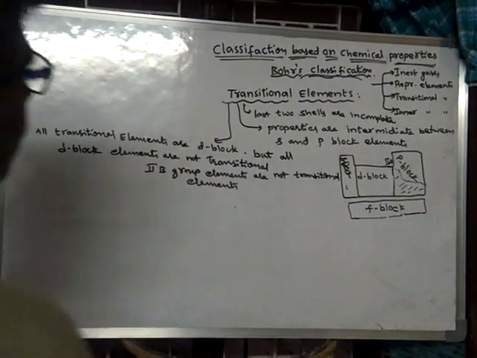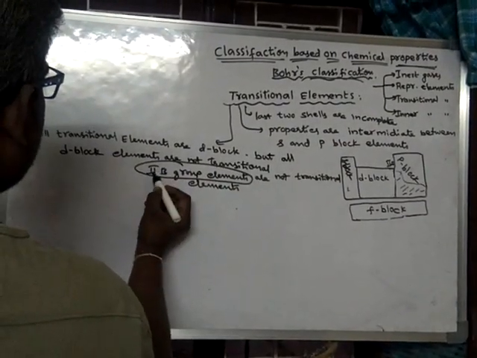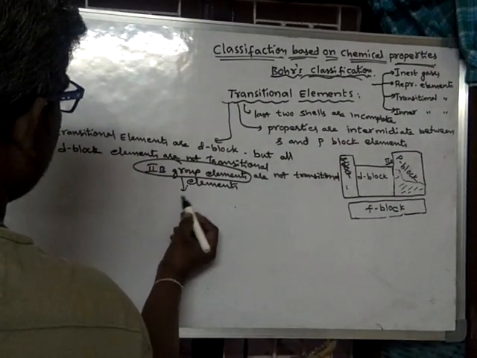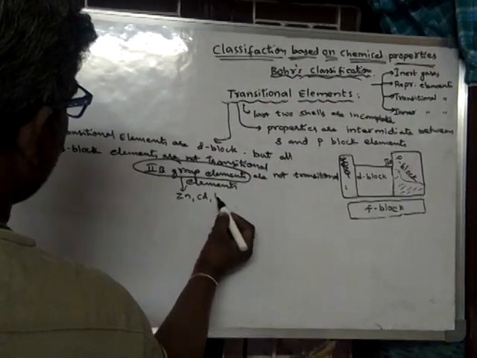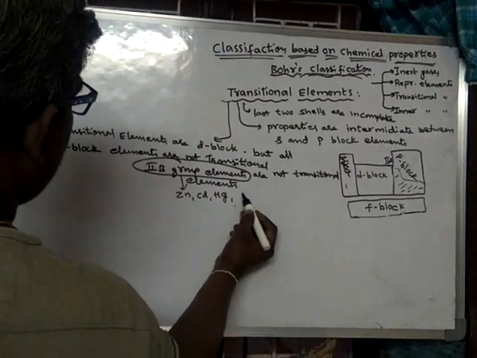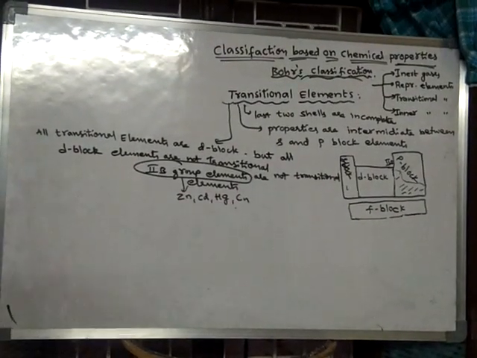Why the second B group? What are the second B group elements? They are zinc, cadmium, mercury, and copernicium.